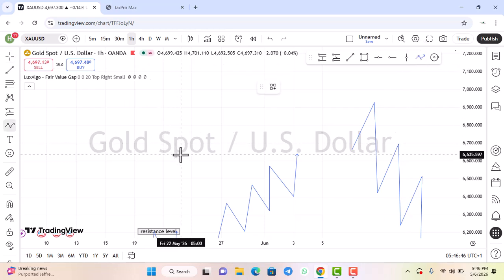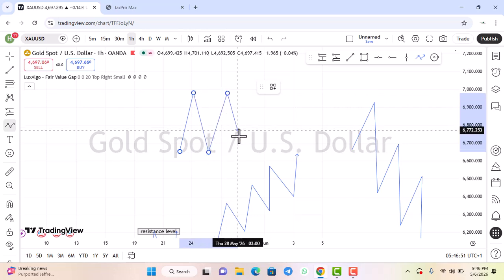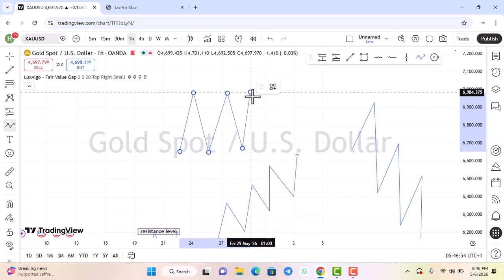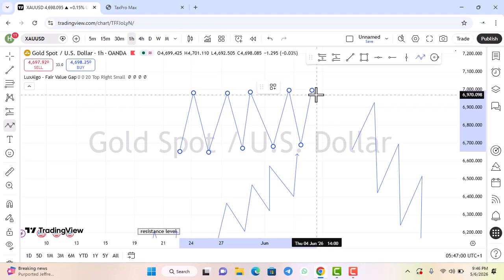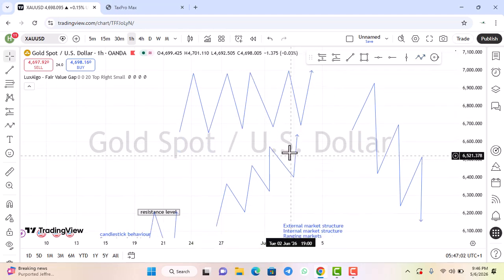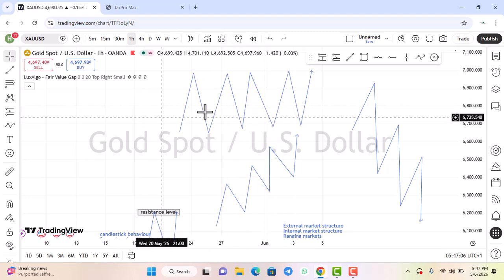Now this is a ranging market. It is when the direction is not clear. The market is moving sideways, right? So this is a ranging market. You can see that the direction is not clear. In this condition, we can say that the market is consolidating.